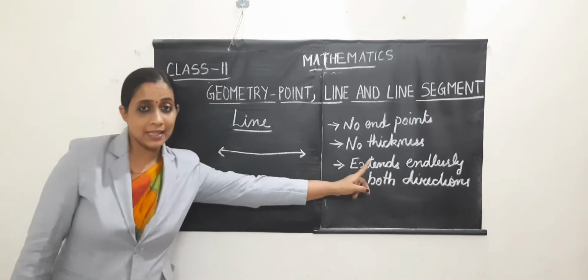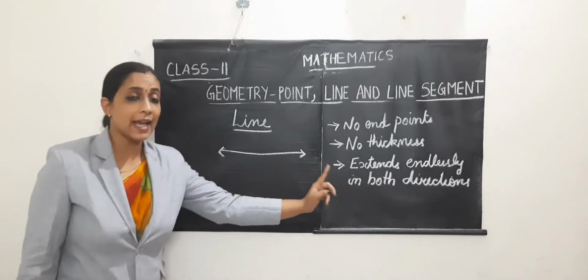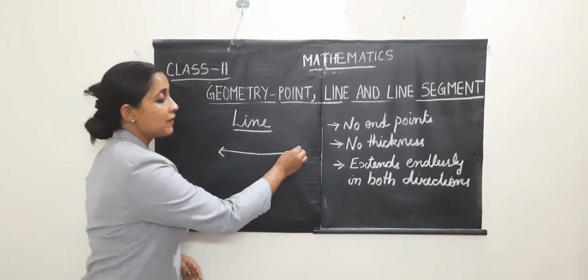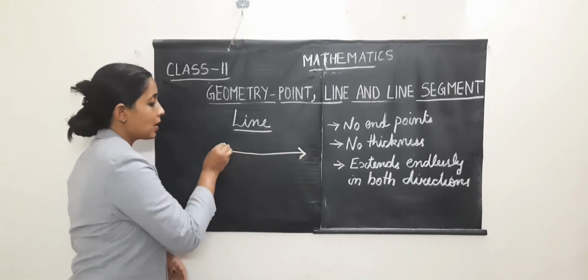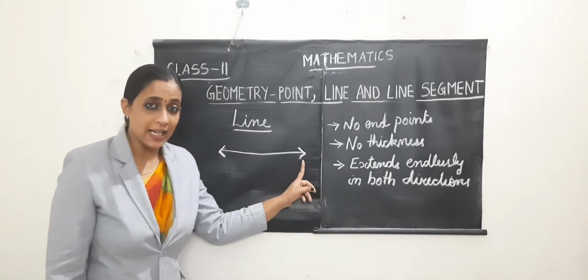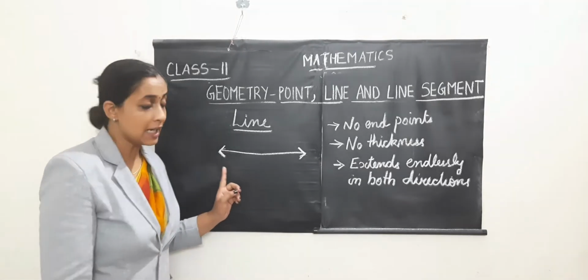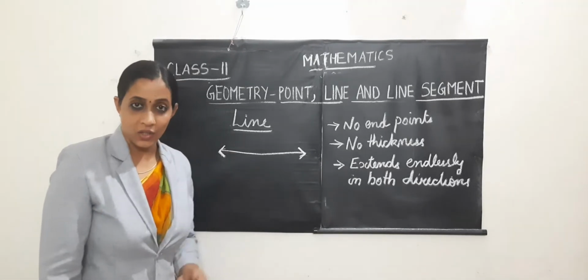See, to this direction and to this direction, it is going endlessly. That is why we put an arrow like this. This arrow indicates that it is extending endlessly in both directions.